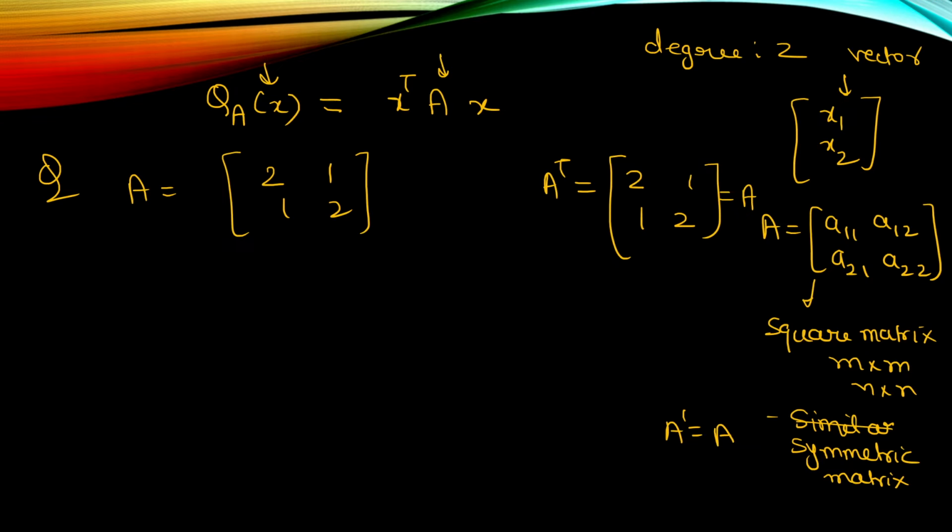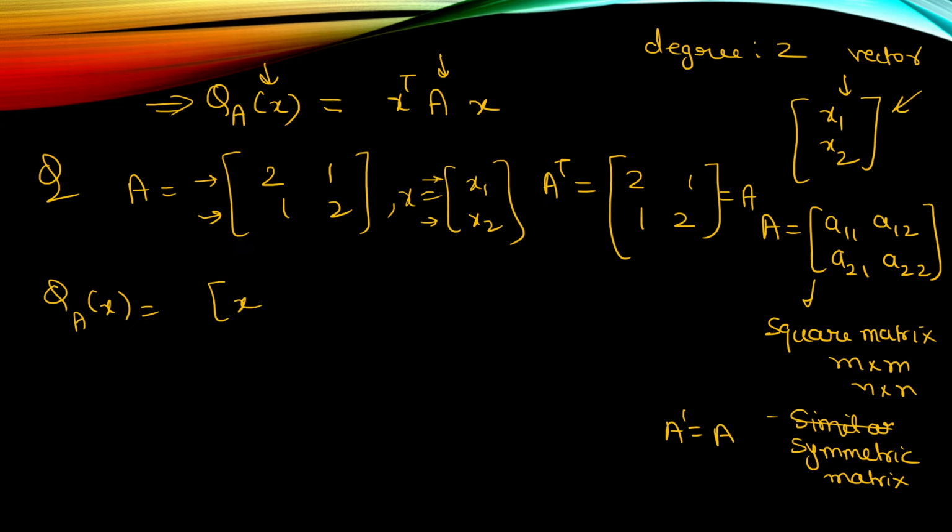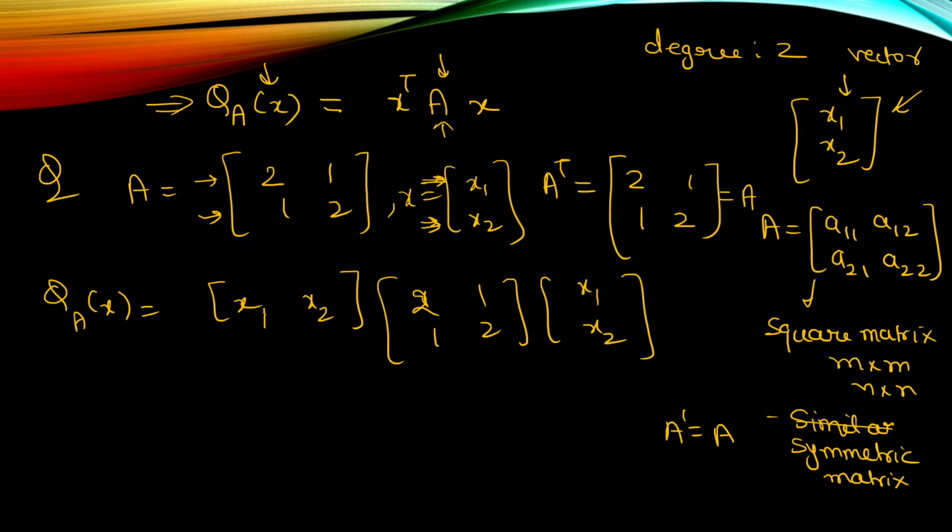So what you will do, you will assume a column vector, and that will be of the same order. If the matrix has 2 rows, then there should also be 2 rows in the vector. Now, if you put in this value, your quadratic form will be X transpose, so these 2 rows will be converted into 2 columns, and then here is your matrix, and then you have your X vector.